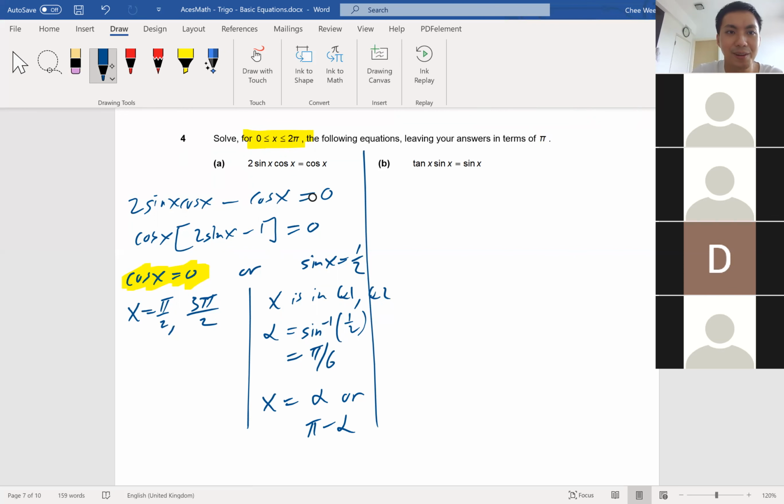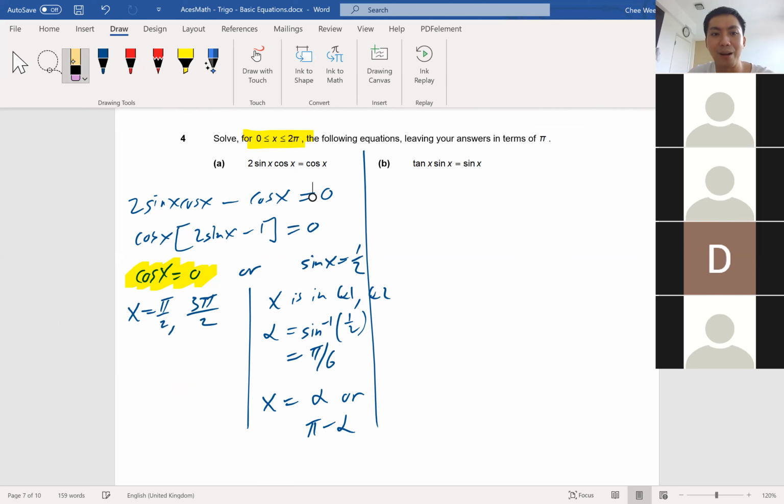Okay, for the cases when sine, cosine, or tangent are equal to 0, 1 or minus 1, it's always an extra special situation, like in this case. They are the extreme special cases, which I'll only address next week. So don't worry about this. That's why I'm just giving you the answers right now.